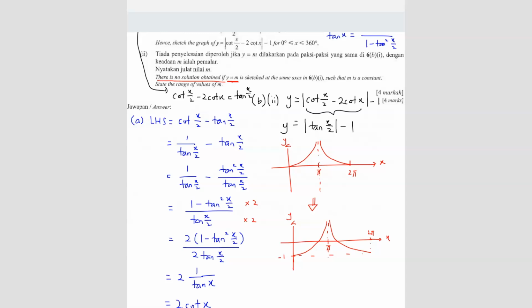So the question asks, state the range of value of m. So m should be what? So m will be less than -1, correct? Because it has to be below here. Otherwise it will cut the line. There will be solution. So we want no solution means m is less than -1.